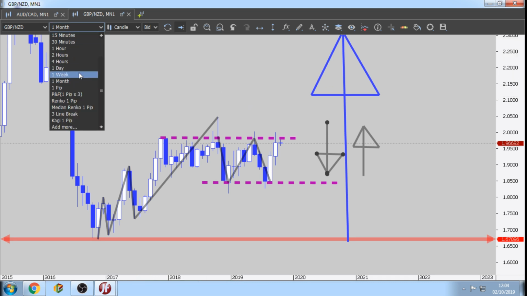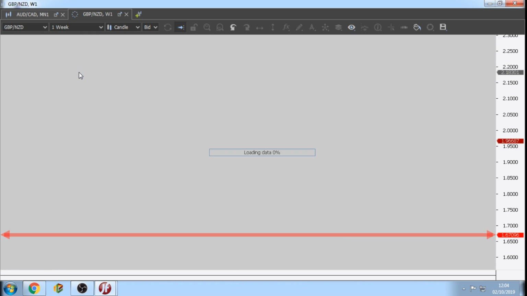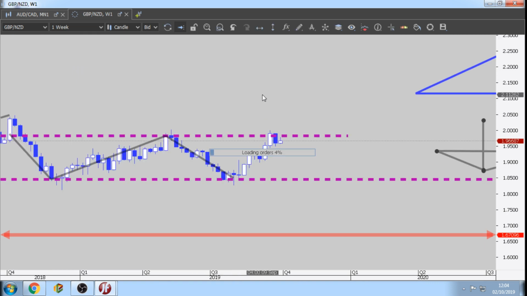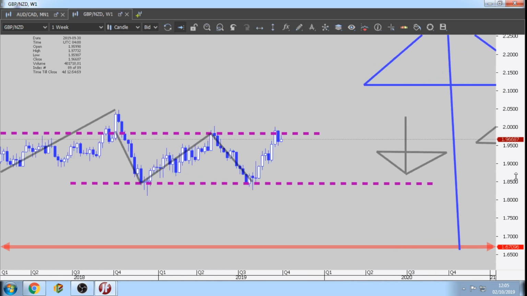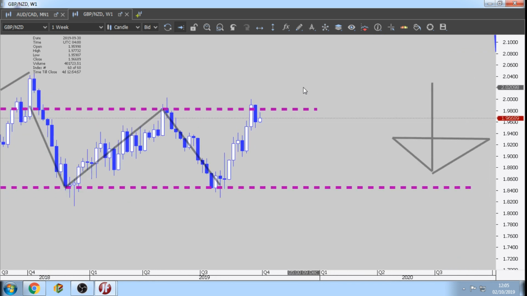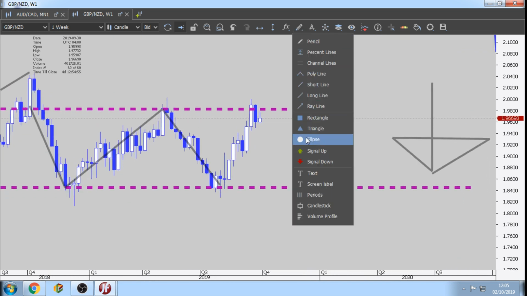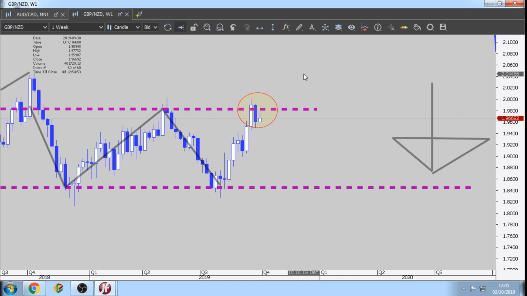Let's go back to the weekly. The picture is going to be more or less the same. Let's wait for the market, there you go. So as you can see, from the weekly, what is this, everybody?